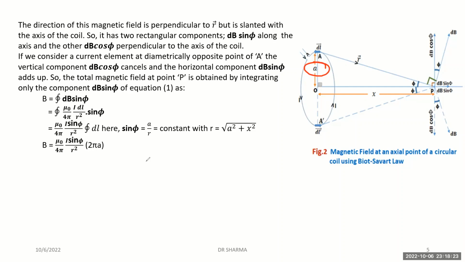In the previous case we supposed radius r because the radius vector, that is the line joining source point and field point, was the radius itself, so we supposed radius r. Here in this case the radius vector is to be denoted by vector r, so we denote radius by small a, and the circumference is 2 pi a.